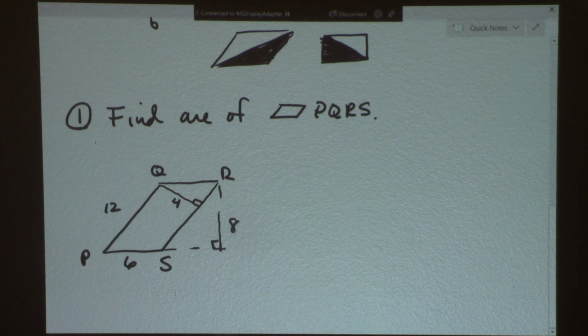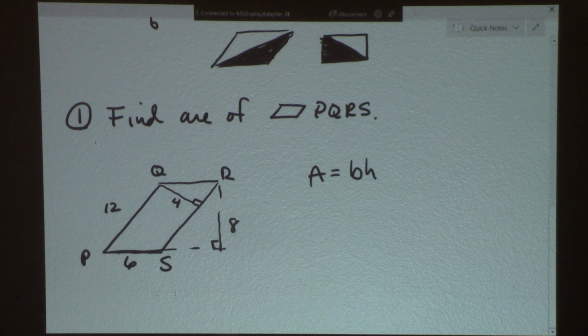Okay. So I want to find the area of PQRS. So my area formula is base times height for a parallelogram. Where is my base and my height? Well, I actually can do this in two ways.